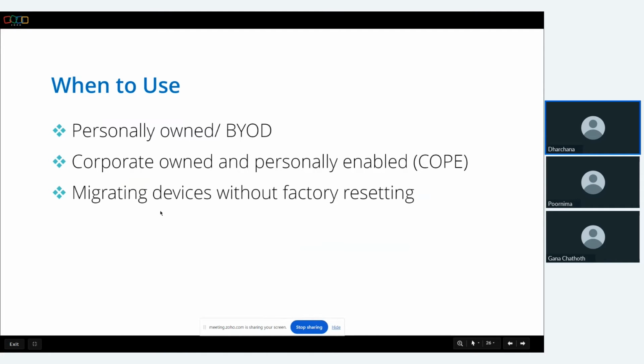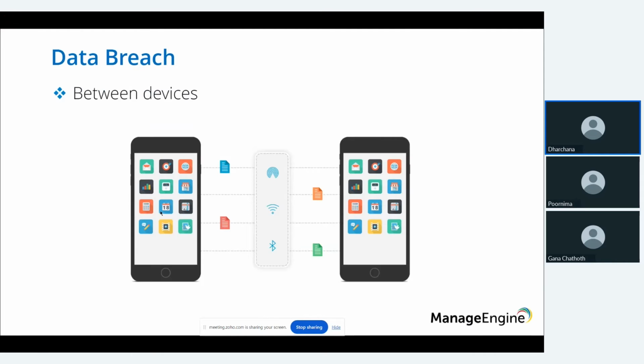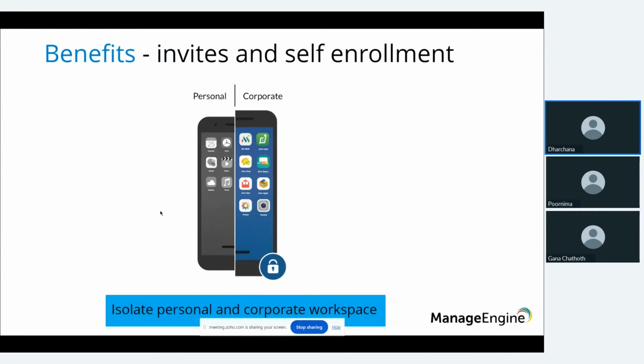Now let's understand the benefits of enrolling devices via invite and self-enrollment. The first big benefit is that it lets you isolate personal and corporate data, ensuring that you have full control over the corporate data, whereas the user has their own privacy.